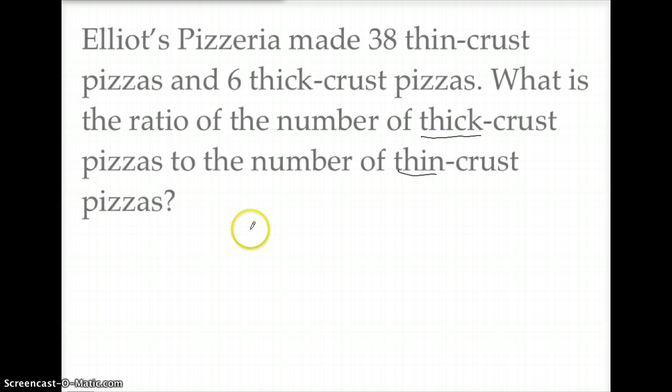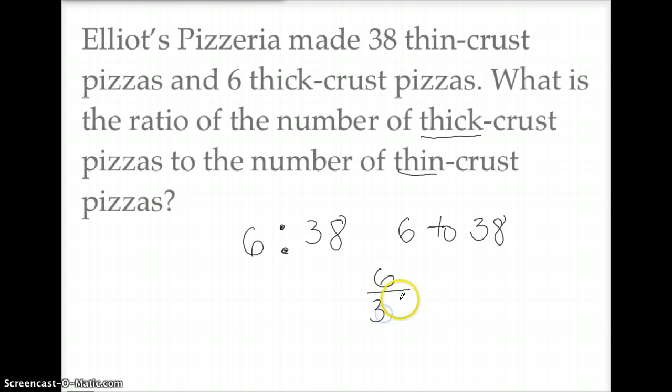Well, we have 6 thick crust pizzas and we have 38 thin crust pizzas. So that's one way to write it. The other way, of course, you probably figured it out, is 6 to 38, or 6 over 38. Okay, here's the next slide.